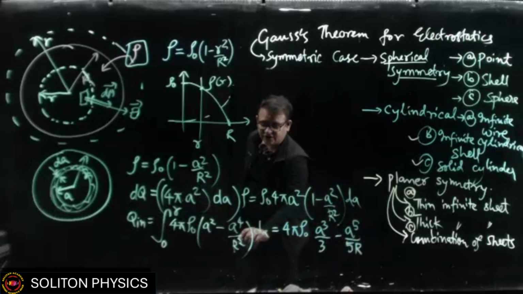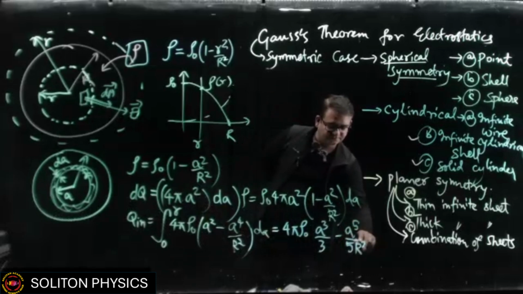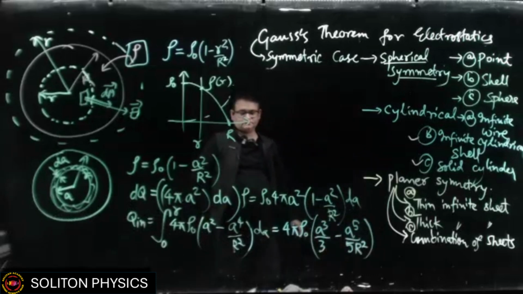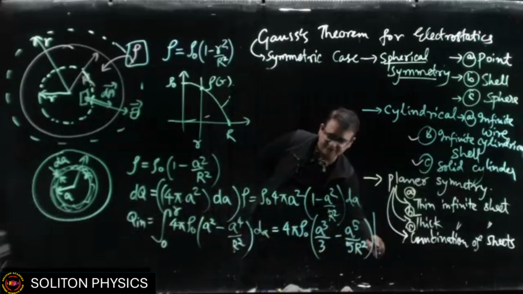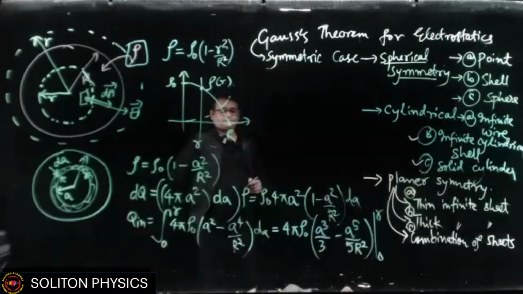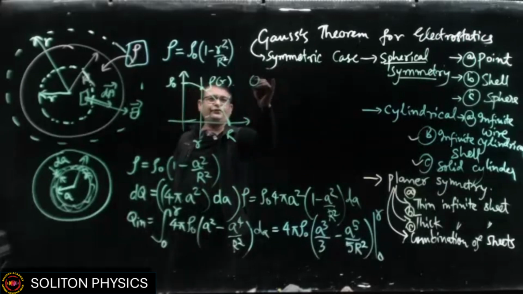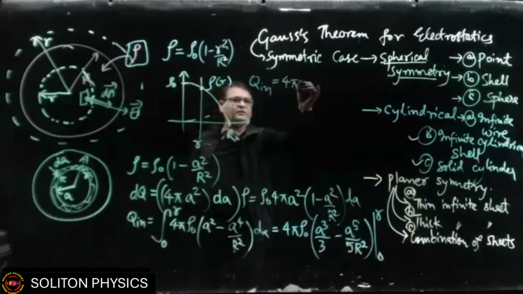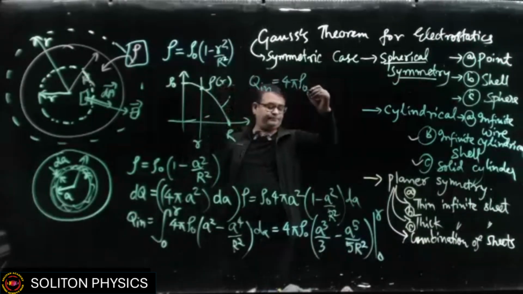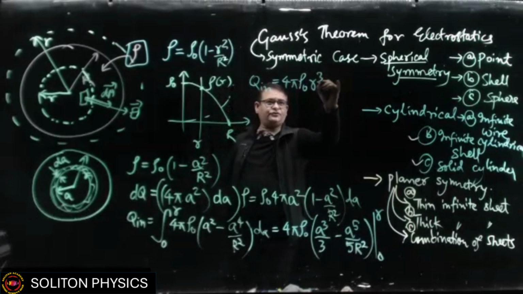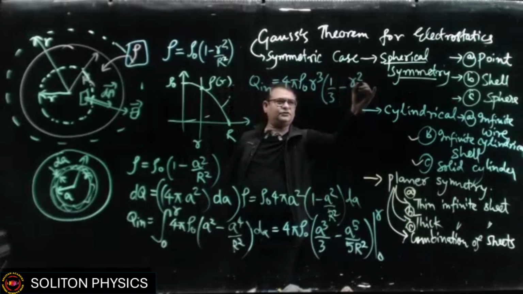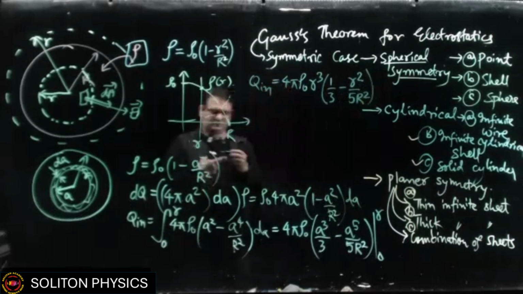Before, there was r square. Then you put the limit 0 to r. So you see q inside is equal to 4 pi rho naught r cube (1 by 3 minus r square by 5 R square).